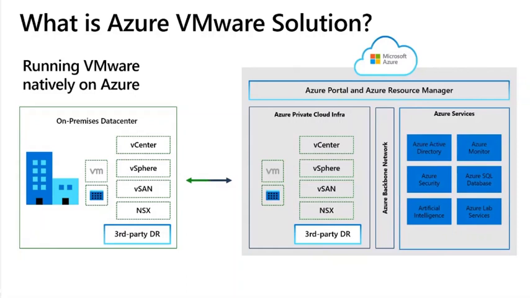The way this is architected, one of the great value propositions is you can keep your existing investment. So if you've invested a lot of time and a lot of energy and money into developing and building this infrastructure that you have on-prem, all of this investment is not wasted. We're not asking you to toss it and to move to something else. You can extend that investment into Azure.